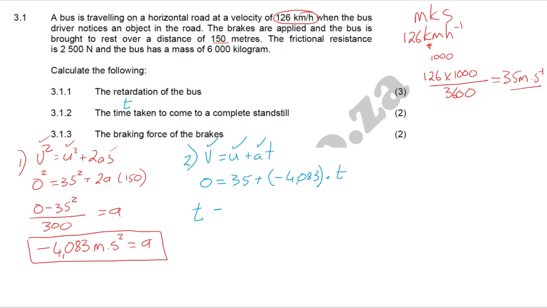T is equal to minus 35 divided by minus 4.083. So T must be equal to, let's get the calculator again.